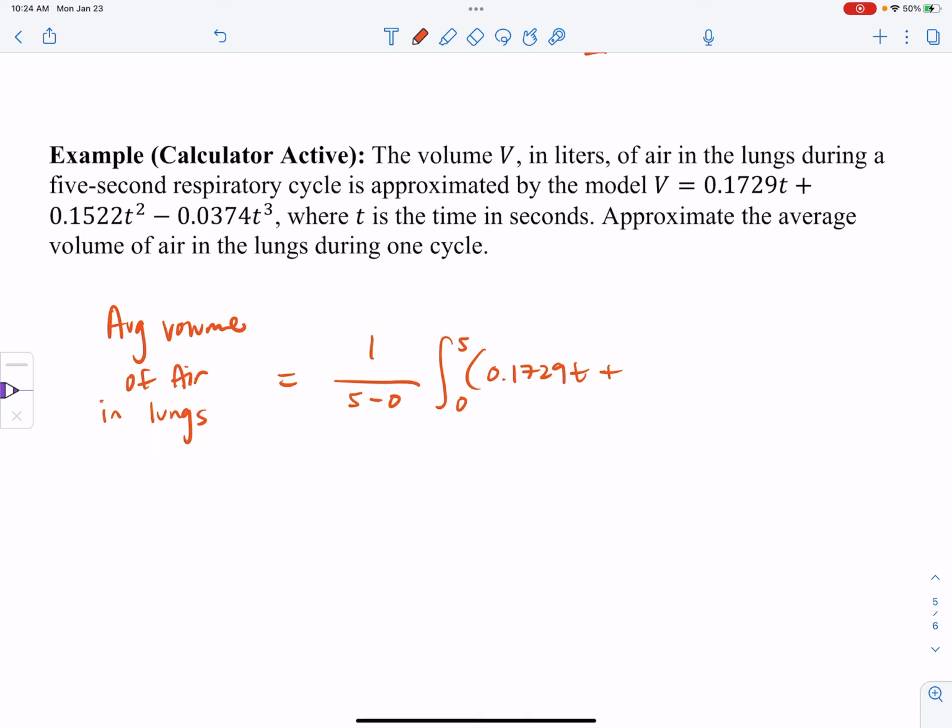This is calculator active, so we're going to be able to type this into our calculator. Okay, so typing this into our calculator, we will get the average volume on that interval. I need to be careful that I'm typing these values correctly. So instead of t's, you're typing an x into your calculator.